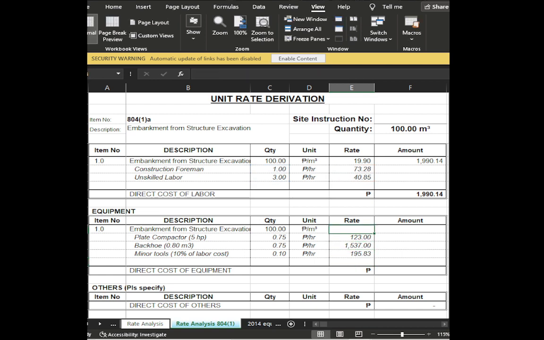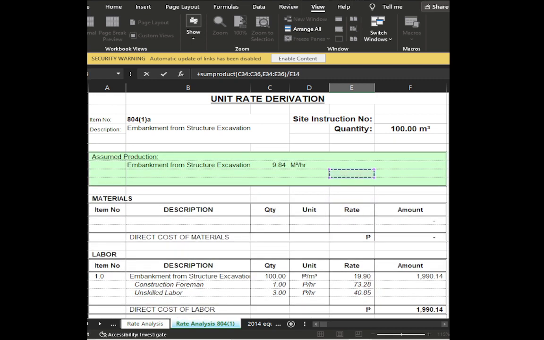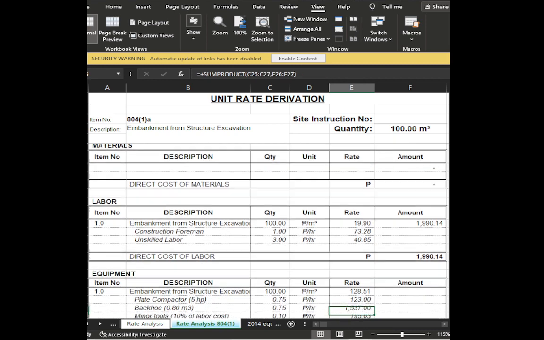So the peso per cubic meter of equipment, the same formula from the labor, the sum product of this quantity to this rate, then we will divide it by 9.84, our assumed production, so that we can get the per cubic meter of equipment.